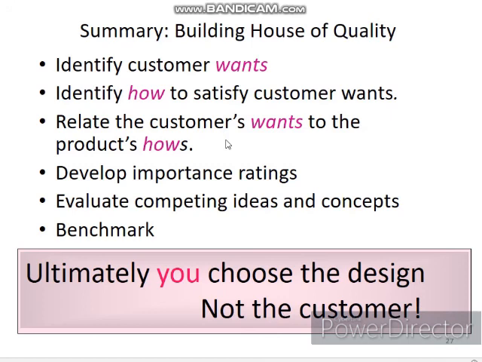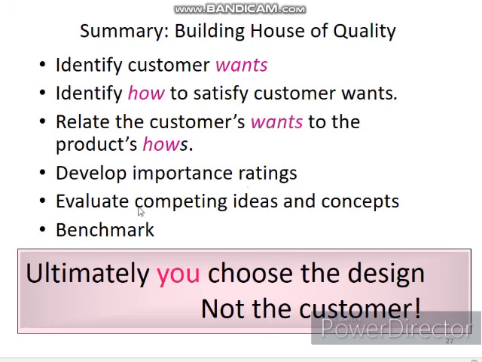So basically, this is where you put the relationship rating between the individual design parameters and the customer specifications, what the customer wants. And then once you get those numbers, you develop the importance rating. By then you should know what design parameters are important relative to others, right?